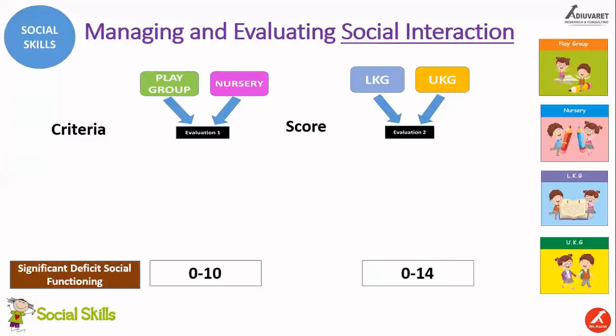Similarly, for KG children in LKG and UKG, if the score is between 0 and 14 for these 11 checkpoints, that again indicates those KG children require really dedicated time from teachers and parents, somebody who can build up those skills.